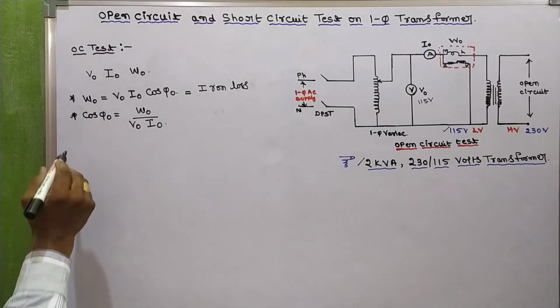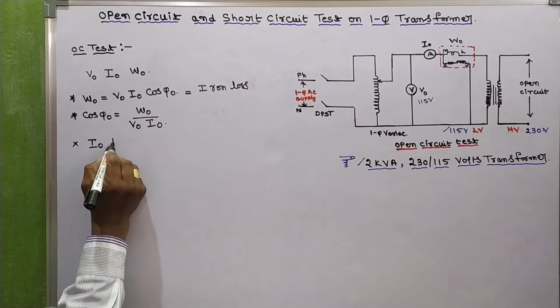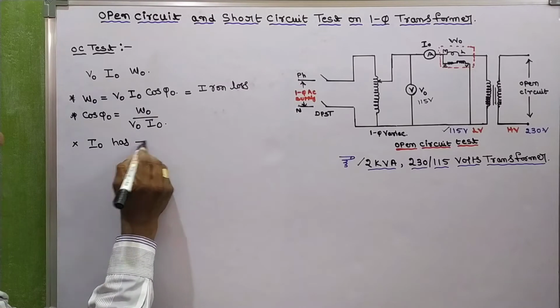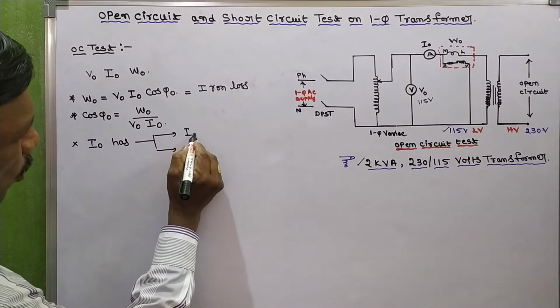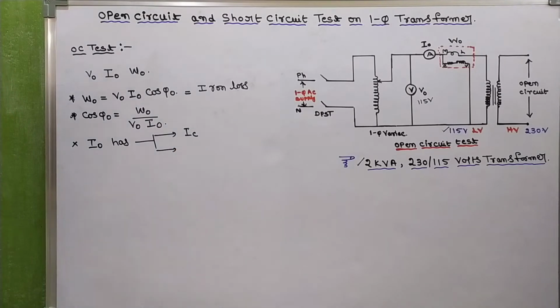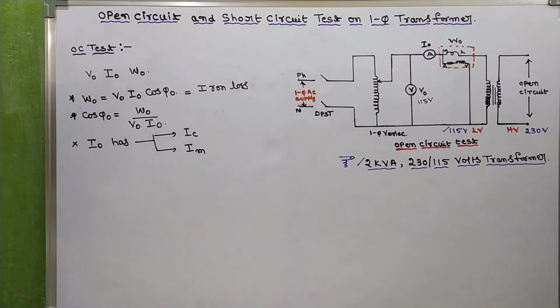Okay, and now I0 has two components. One is the core loss component IC, another one is the magnetizing component IM.